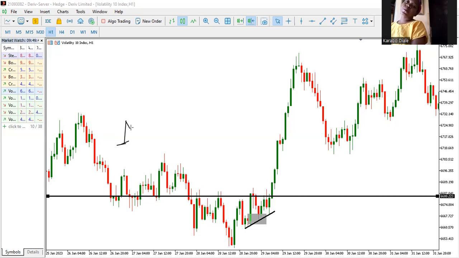You're going to see something like this. Most of the time, the price is pulling back. Now what you're going to do, you're going to take an entry here and place your stop loss above, and then the price will go lower most of the time.